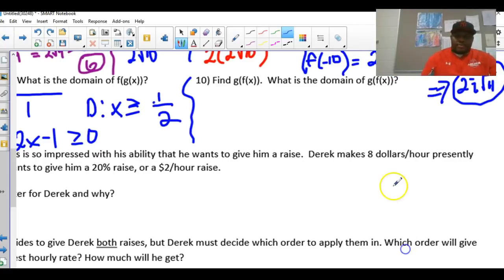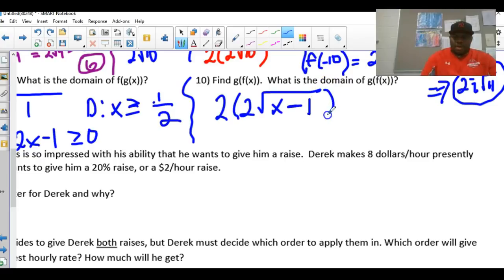This next one, find g of f of x, meaning you have to put f inside of g, like so. All right, now simplify it. All you can do is multiply by 2, so you have 4 square root of x minus 1. Now we got to find a domain restriction.